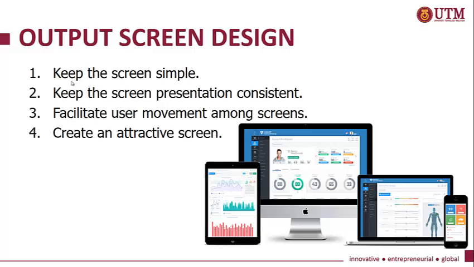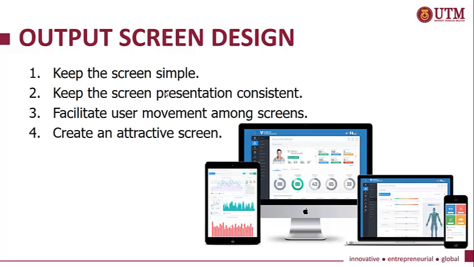The second guideline for output screen design is to keep the screen presentation consistent. Consistency in terms of color, fonts, font family, font size, and the design of the buttons. For example, you design the buttons all circle or all rectangle. It must be consistent.